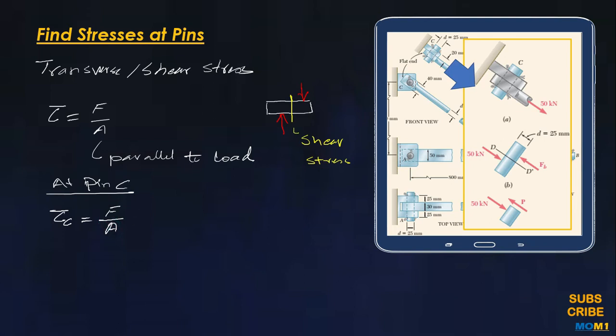Now here we see that the force is of 50 kilonewton, and area we can calculate by using this expression pi r square, that is of pi into (25 by 2) square.